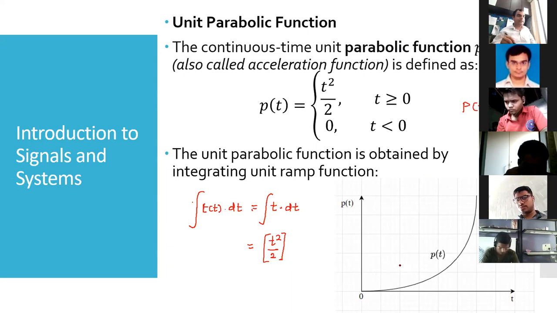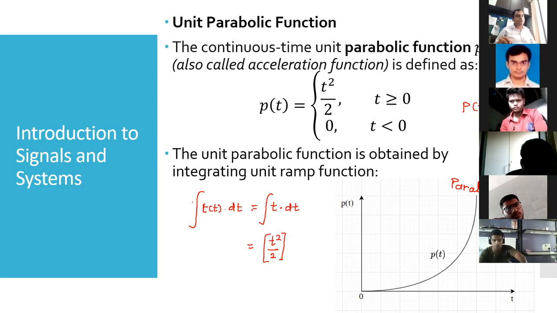Now see, some people think of this as an exponential signal. This is not an exponential signal, it's a parabola. What is the function of a parabola? Y is equal to x square.